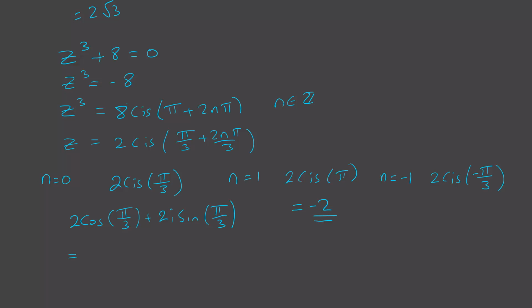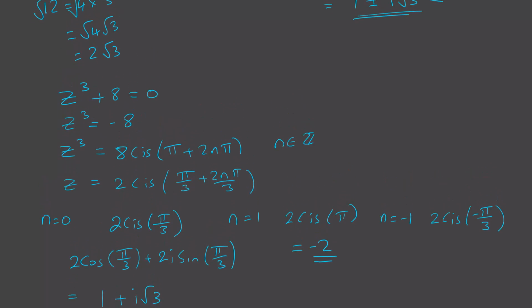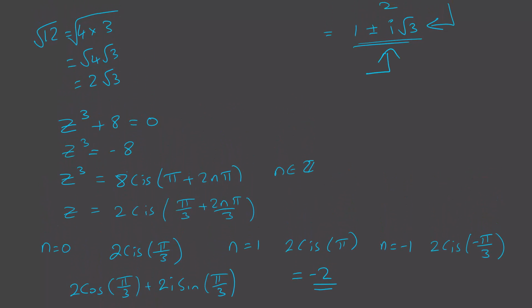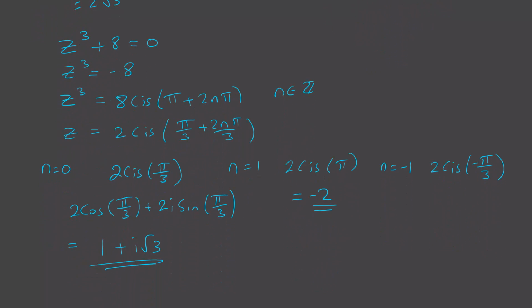And that would give me cos pi by 3 being a half, so 1. Sin pi by 3 is root 3 over 2. So that would have given me plus i root 3, which is one of the solutions we had up here. And the other one over here would be 2 cos negative pi by 3 plus 2i sine negative pi by 3.